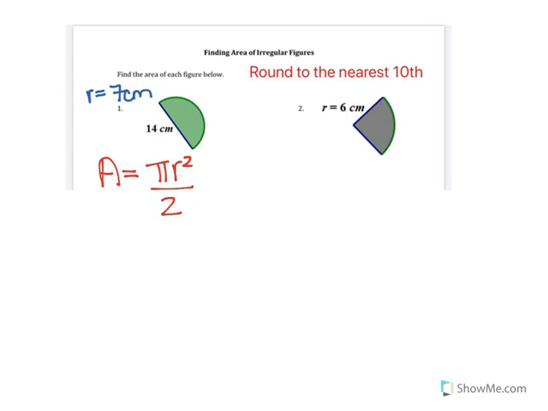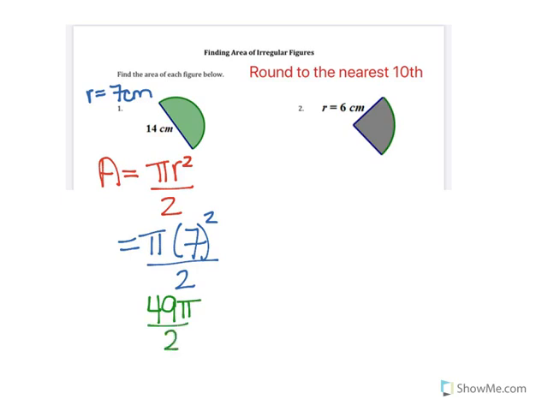Now when you plug that information in, you're going to have pi times 7 squared over 2. Now you could type this all into a regular calculator, or you can do parts of it by hand. It's totally up to you. So if you were to do it by hand, you would square 7, so you'd get 49 pi over 2.